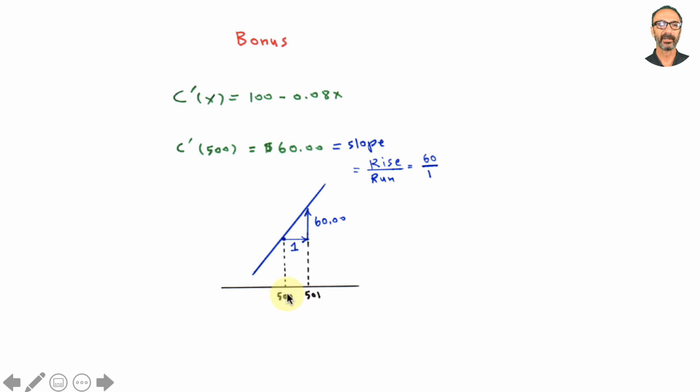It means you are located at 500, somewhere here. At that point, the derivative, the slope of the tangent is 60, meaning rise and run. Running one item, because to us this means one item, not 1 second. That's 500 items. You have to rise 60, because that's your slope.